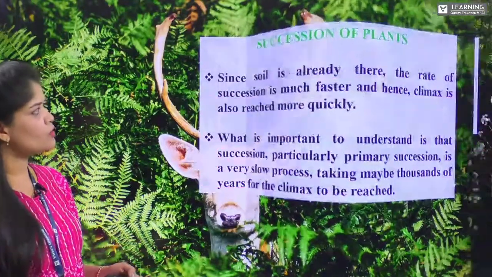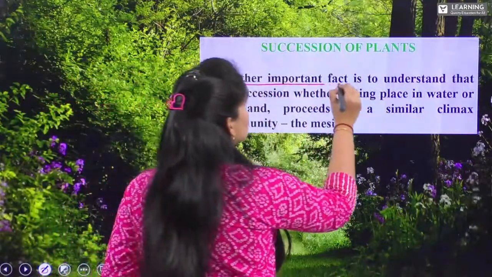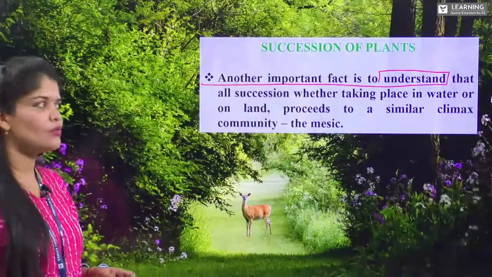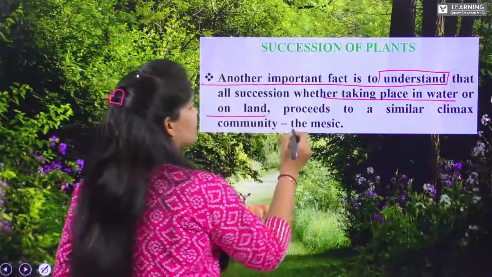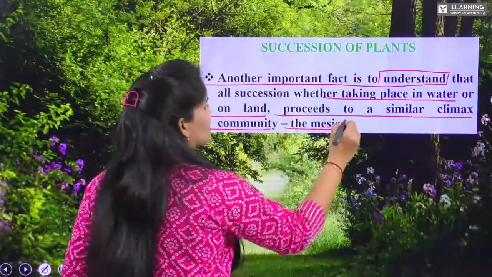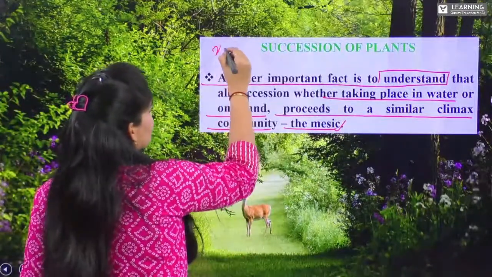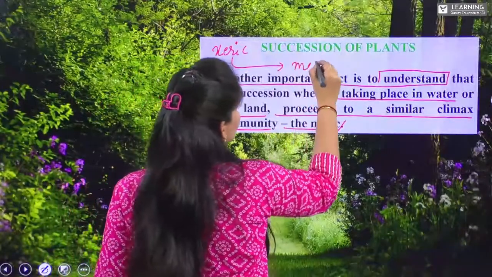Another important fact to understand is that all succession, whether taking place in water or on land, proceeds to a similar climax community, and that is called mesic. We already said that whether it is xeric, it has to proceed towards mesic.